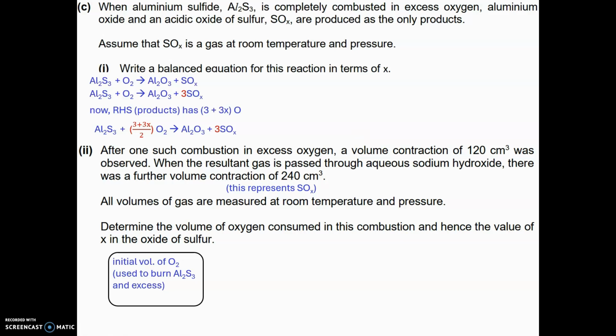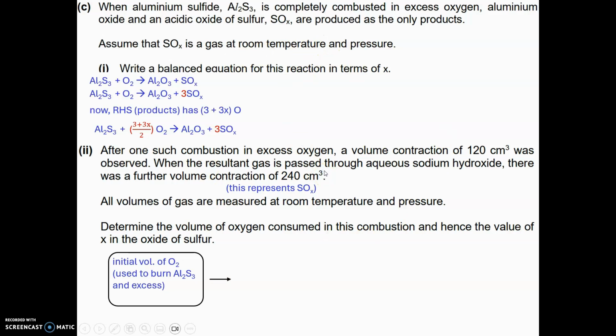At first, the gas is only oxygen, and there are two users of the oxygen. The first volume of oxygen is used to burn or react with the aluminium sulfide, and the remainder is excess. It is not involved in the reaction.